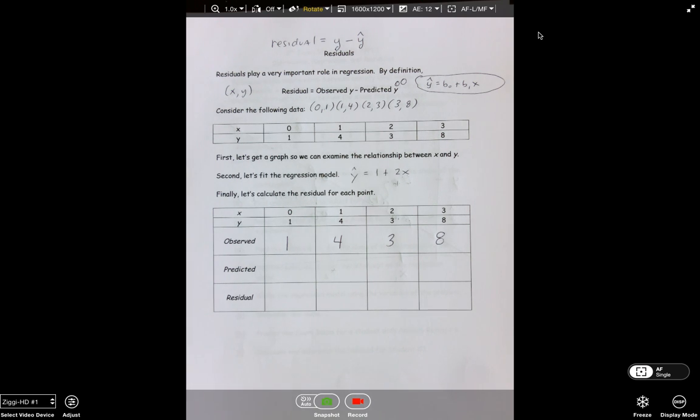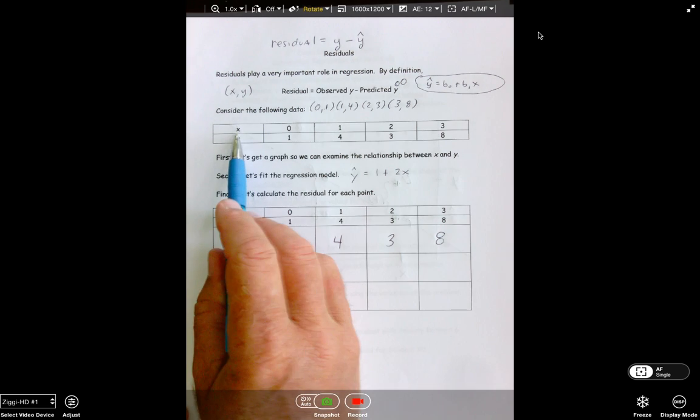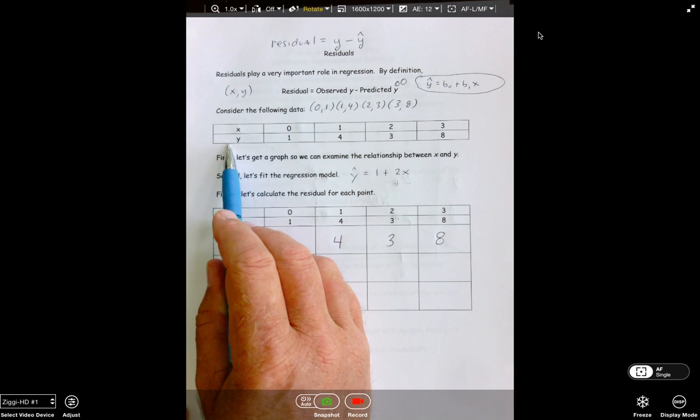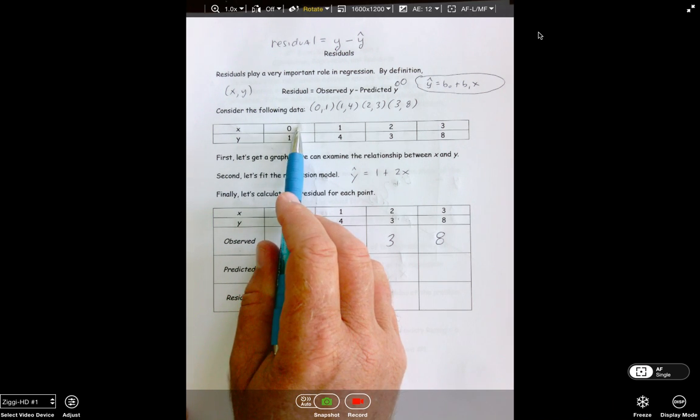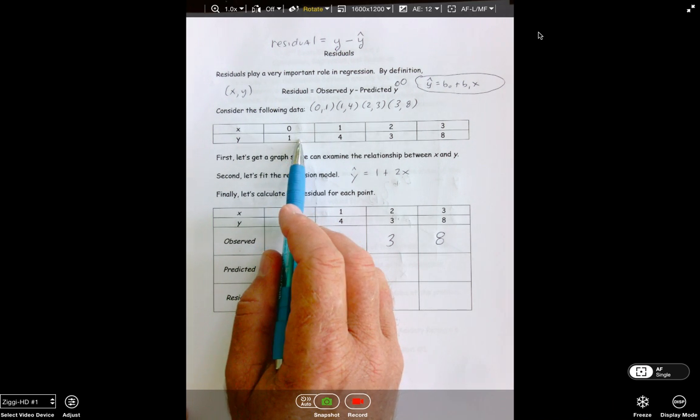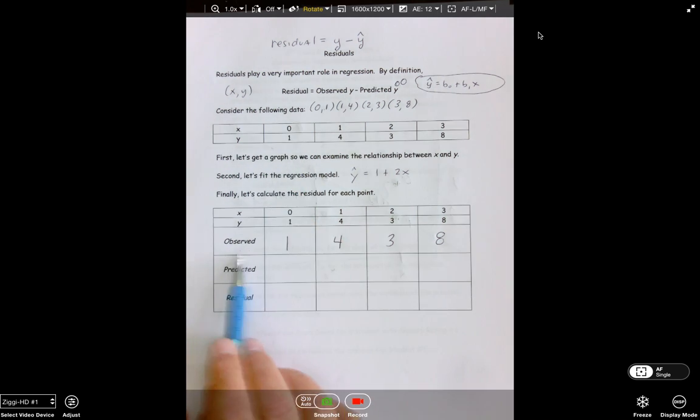For example, in a previous video, X may be a midterm exam and Y may be a final exam. Let's say a student scored an 80 on the midterm and a 90 on the final, then their observed final exam score was a 90. So observed is what we actually collect.